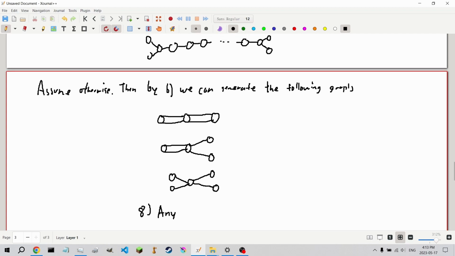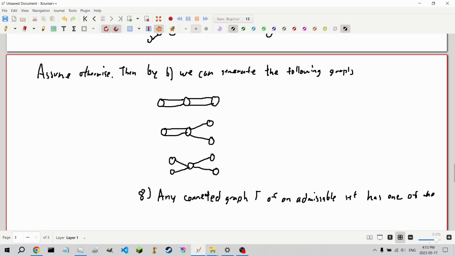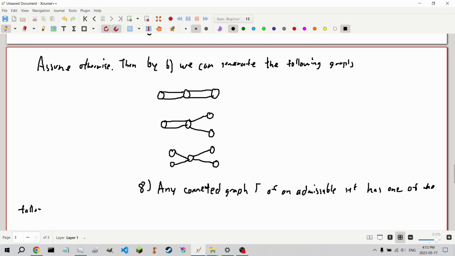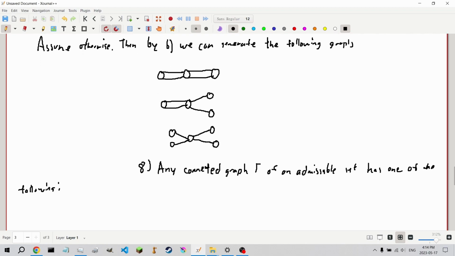So in number 8, any connected graph lambda of an admissible set has one of the following. First case is a simple chain.